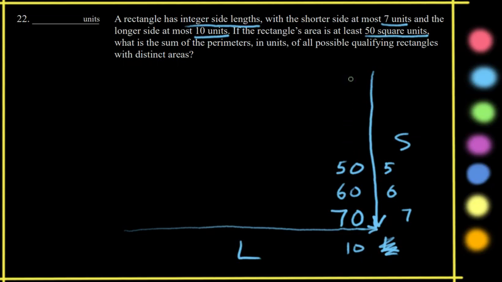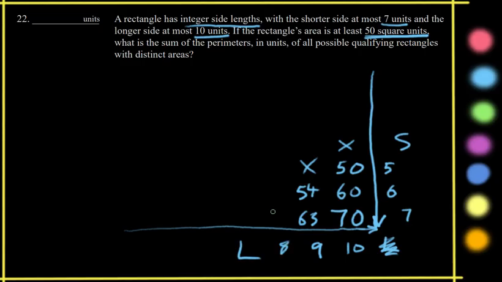But I don't need to go below 50 because I know that the area is at least 50 square units. So then I'll go back and build the table from 9, right? So 7 times 9 is 63, 6 times 9 is 54, and if I go below that, I'm not going to be above 50. 5 times 9 is 45. So then I can go to 8, right?